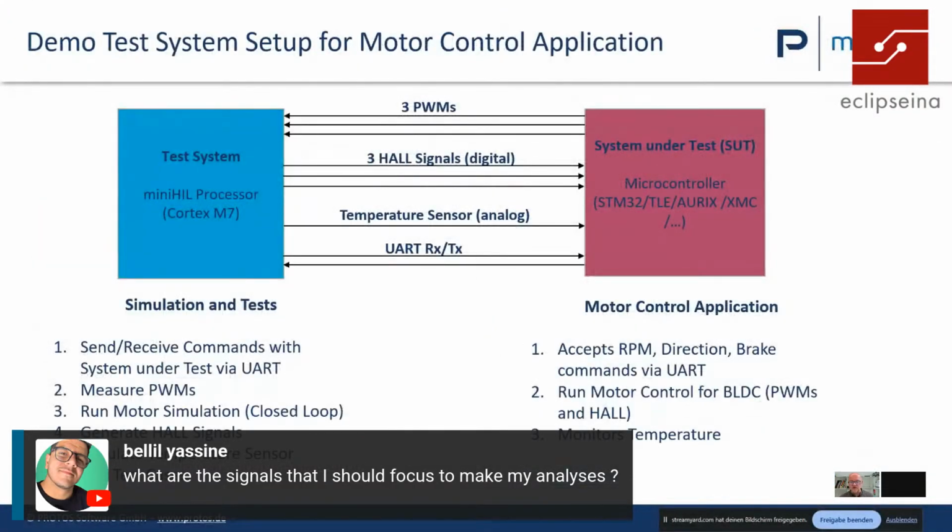Let's take, for example, if that's your system, I know it's a simple system, but smaller microcontroller systems might have, I don't know, 10, 20, 30 signals. Bigger systems might have 150, 200 signals. If you have this setup and leave away the whole signals, you cannot simulate the closed loop simulation.